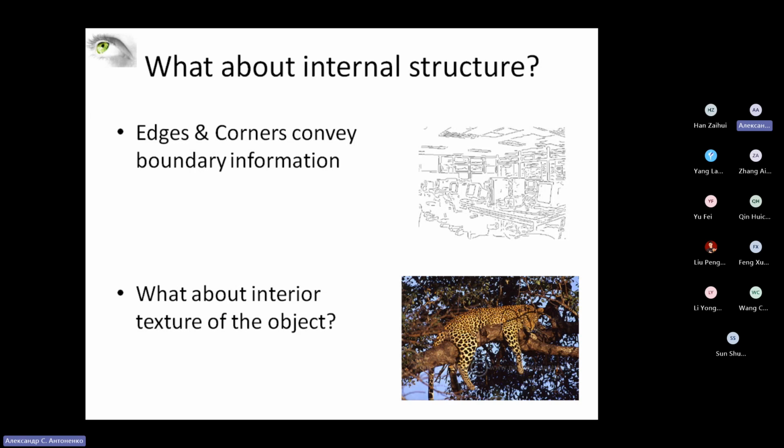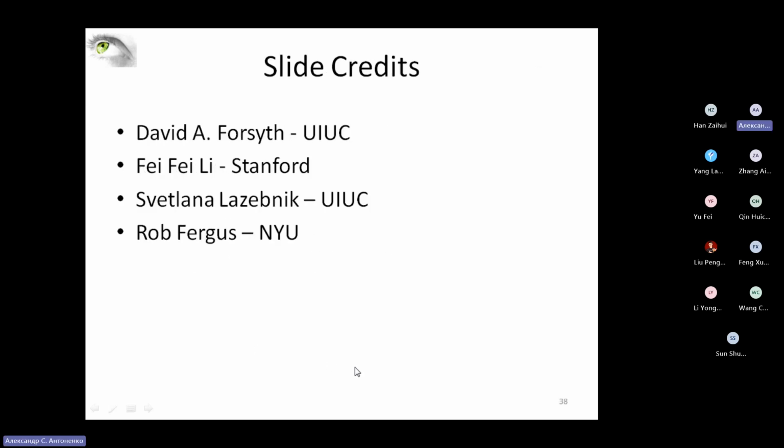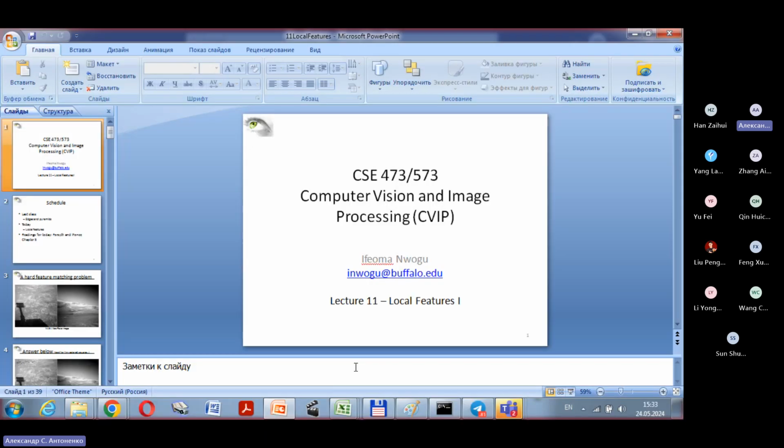So what problem do we still have? We talked about edges and corners, and they convey boundary information. But what about something in the middle of the image, some interior feature, the texture of objects?